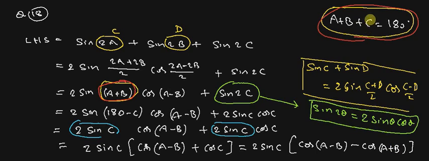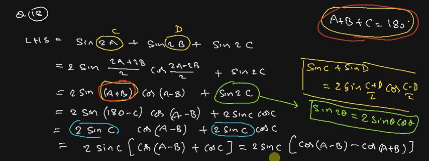Look at here. How did you write this c? 180 minus of a plus b. 180 minus is the second quadrant, we know that. In the second quadrant cos is negative, so the angle c, 180 minus of a plus b, becomes minus cos of a plus b. And this is the result. Cos of a minus b minus cos of a plus b means, as we discussed in the second session a few minutes before, 2 sin a sin b.